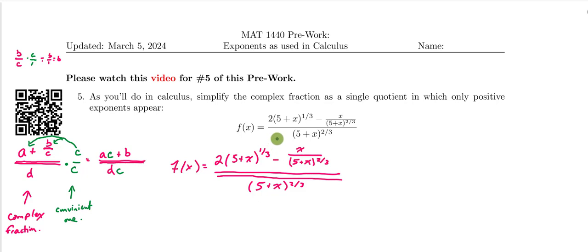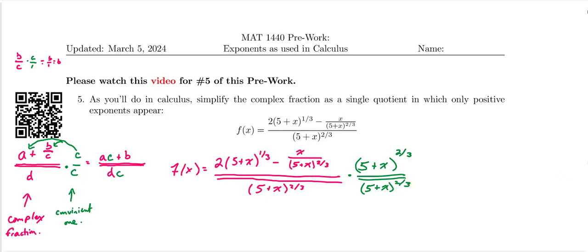So notice again, I have fractions nested inside of fractions. So I'm going to multiply again by a convenient one that is the LCD of all those minor fractions. Well, I only have one minor fraction. That's this fraction right here, whose denominator is (5 plus x) to the 2/3. So I'm going to multiply this entire expression by (5 plus x) to the 2/3 power, all divided by (5 plus x) to the 2/3 power.